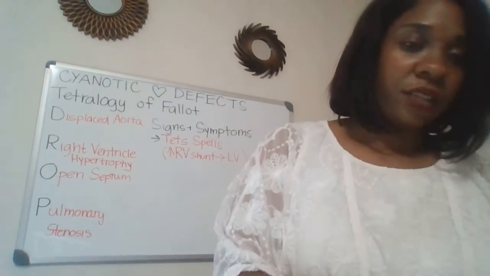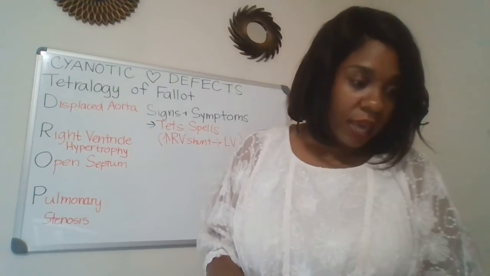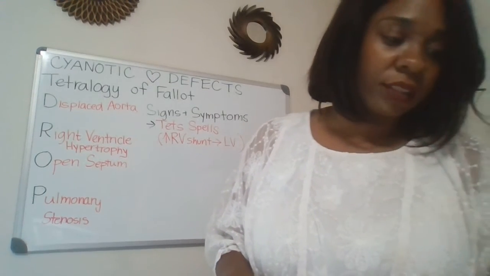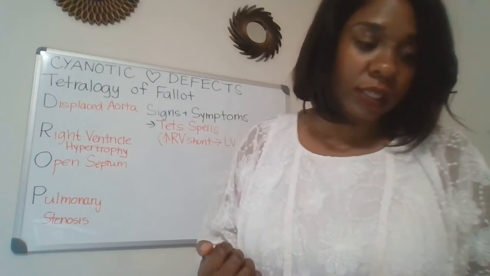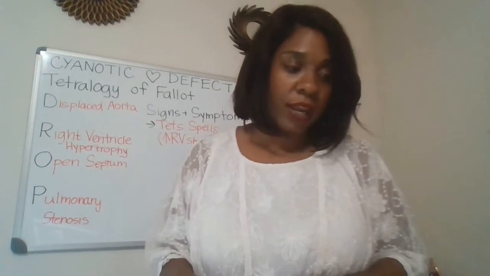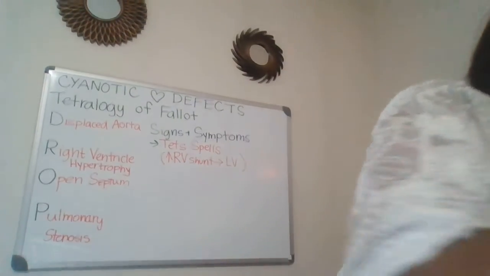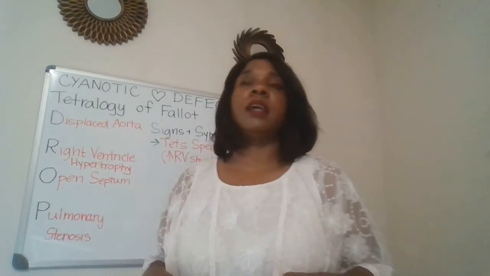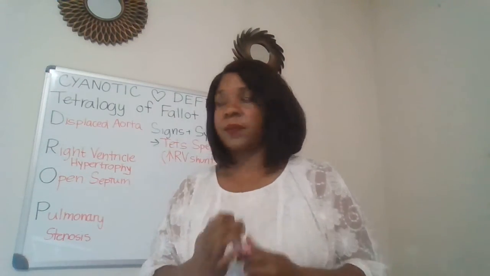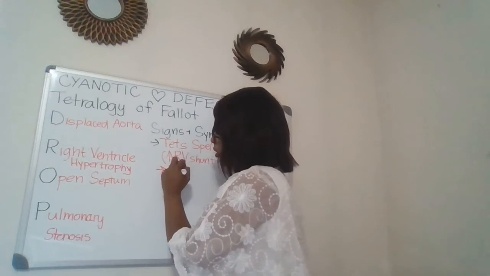Not to say that our teacher doesn't do a great job, but for general purposes, it says verbatim, TET spells show a sudden marked increase in cyanosis, syncope, and can lead to a hypoxic brain injury and death. So a TET spell is a dramatic increase in cyanosis that can lead to brain death. Okay, so this is why this is serious.